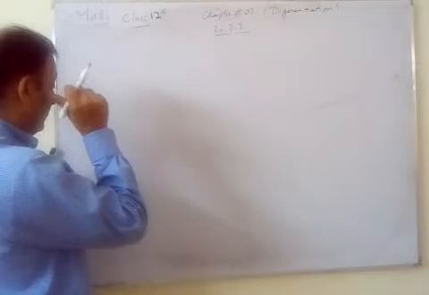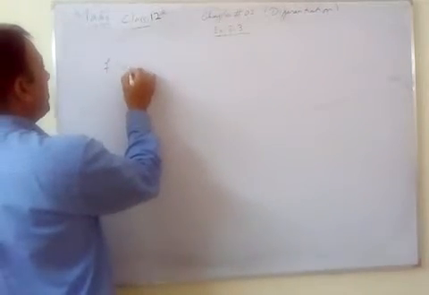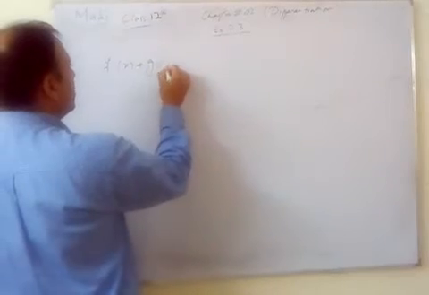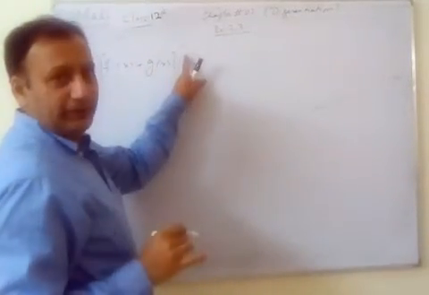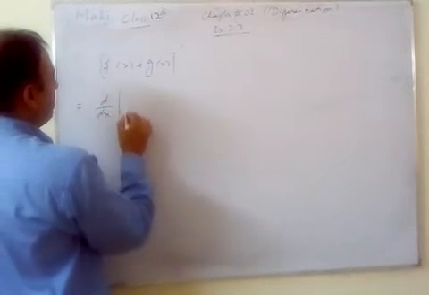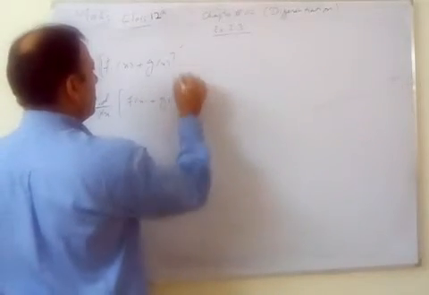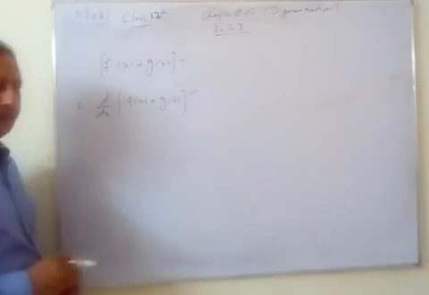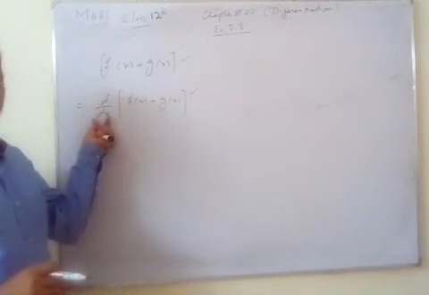But there are some formulas. There are two functions, f of x and g of x, and we want to take the derivative of this one. This is also a symbol of derivative, and this we can also write, both have the same meaning. Derivative of f of x plus g of x with respect to x.